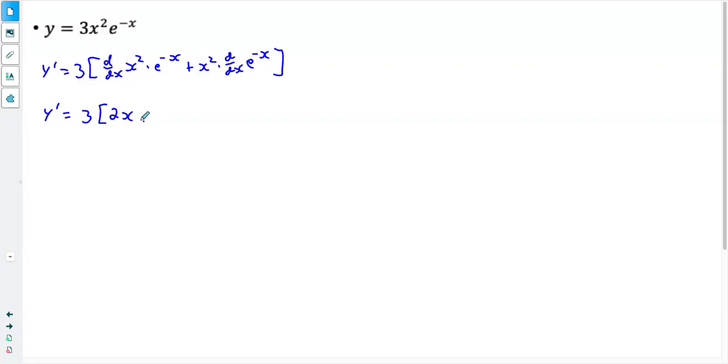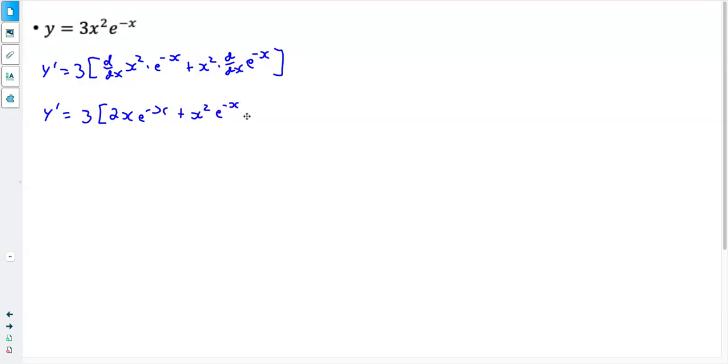And that's times e to negative x. And then we have plus x squared times the derivative of e to negative x, which is just going to be e to negative x.